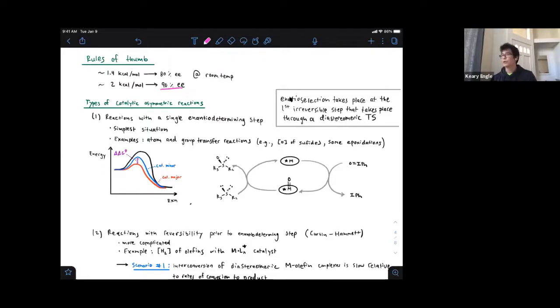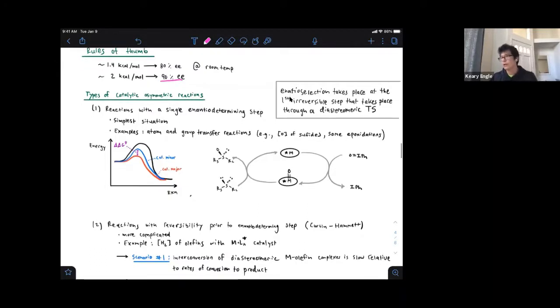So let's say you're doing some hypothetical enantioselective C-C bond forming reaction, and the C-C bond forming step is reversible, then the enantio-determining step would be something potentially downstream of that, like product dissociation. So we want to try to be clear in this class of that terminology, and then you want to be clear when you're writing manuscripts, for example.